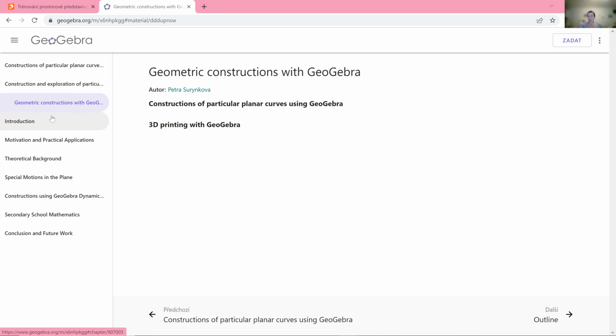So this will be the first part, constructions of particular planar curves using GeoGebra. And second, 3D printing with GeoGebra, because I can prepare some models in GeoGebra and then we can print it. This is the topic I'm using at university and also at grammar school. So I'm combining these two fields, mathematics at university and mathematics at secondary schools.